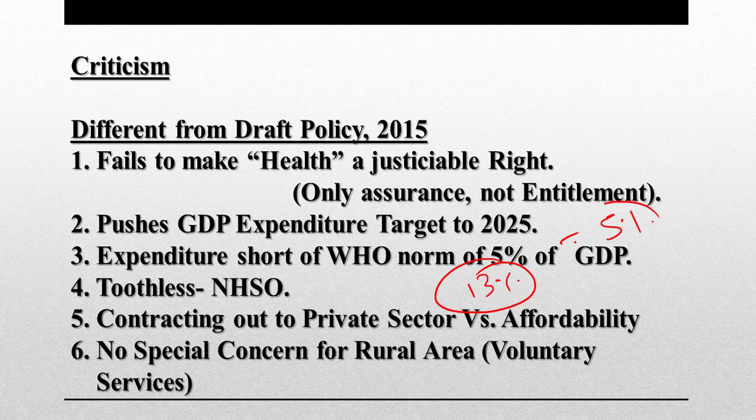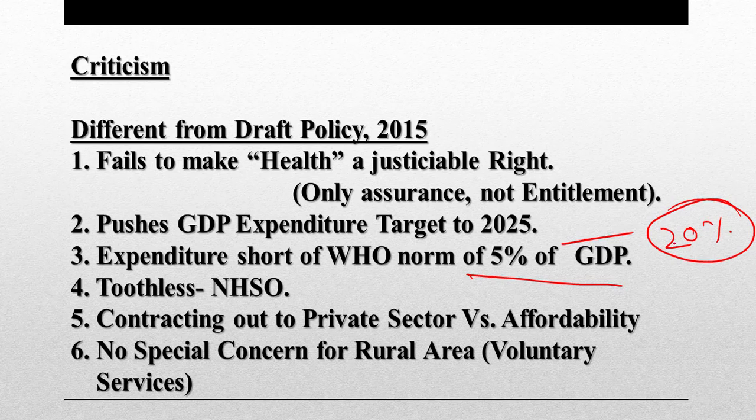WHO says it is quite short of the kind of population India has, and also the kind of disease burden India bears. 5% of GDP to cater to 20% of the global disease burden that India bears on its back. So that is the thing.